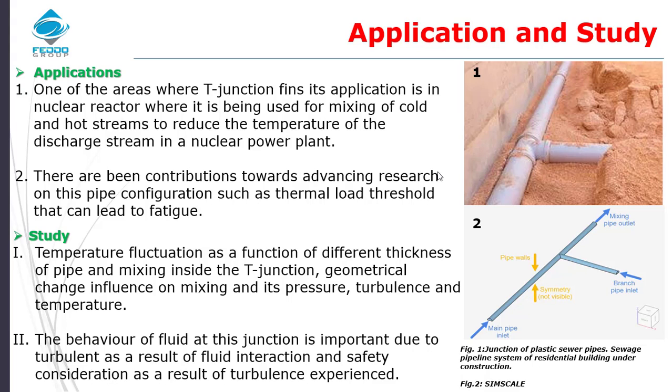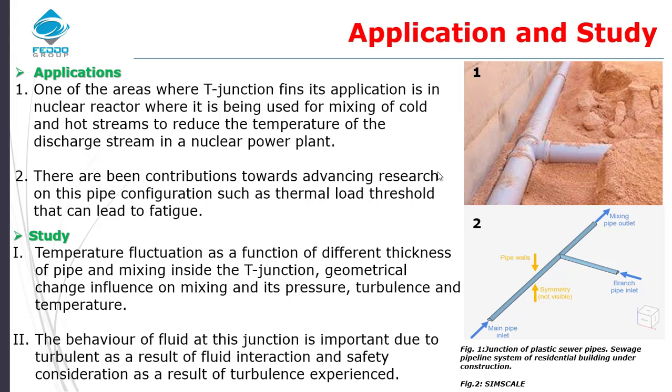Another application is where there are contributions towards advancing research on this pipe configuration, such as the thermal load threshold that can lead to fatigue. So there has been tremendous research in trying to make a breakthrough in looking at the thermal load threshold that usually leads to fatigue in this type of configuration.